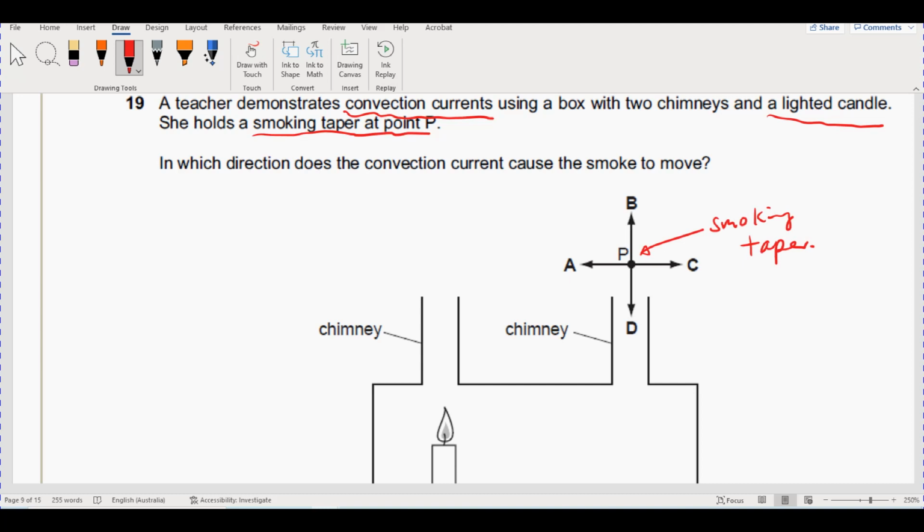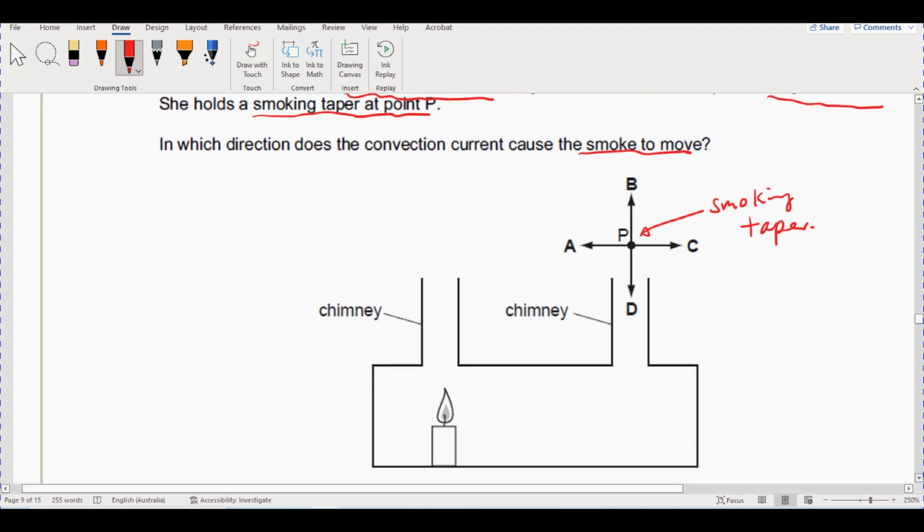So in which direction does the convection current cause the smoke to move from that smoking taper? Does it rise like what we normally see, or does it go sideways, or even downwards, which would be really interesting? Remember, there's a candle right here.